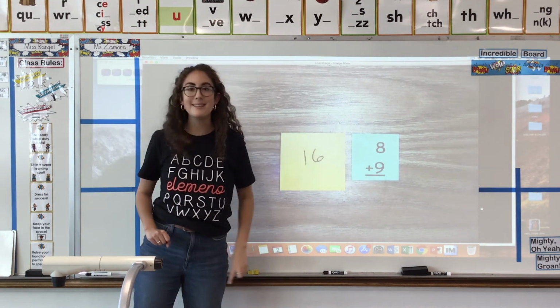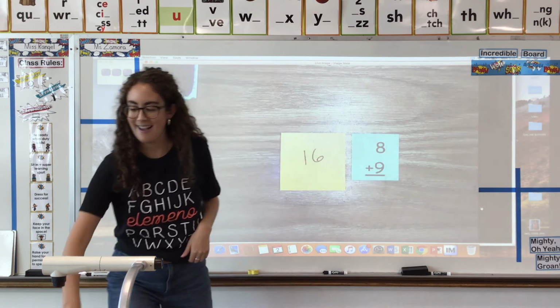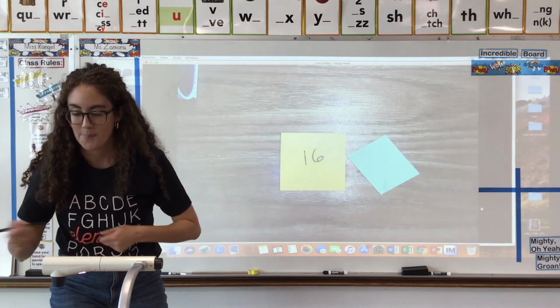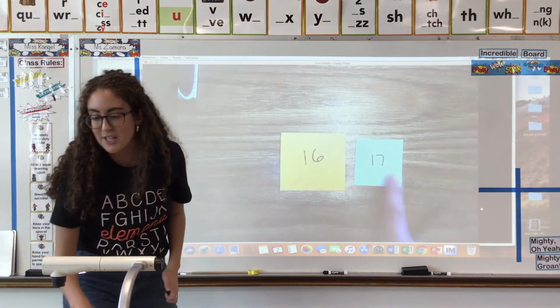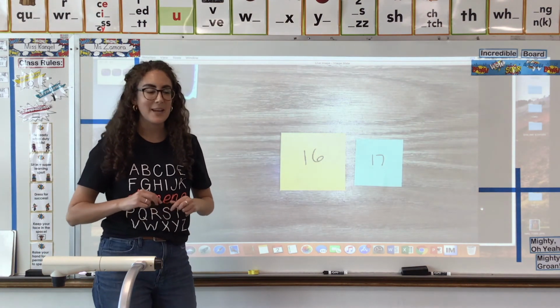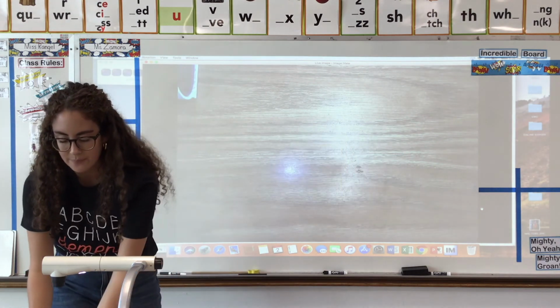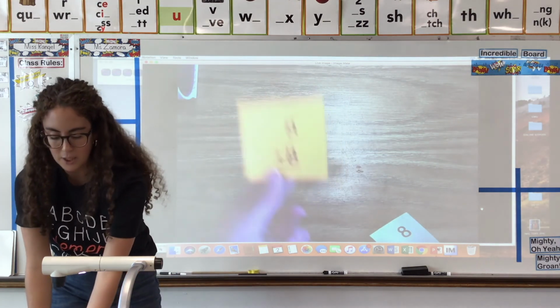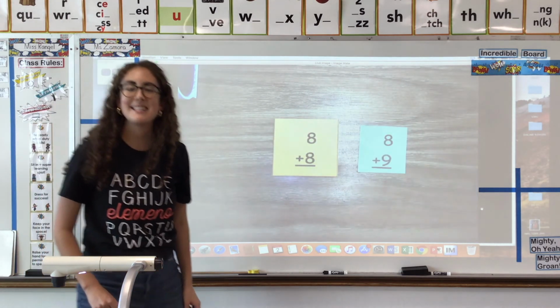So 8 plus 9 is... One more. 17. 17 is just one more than 16. So we solved our neighbor fact by knowing 8 plus 8 equals 16. So 8 plus 9 equals 17.